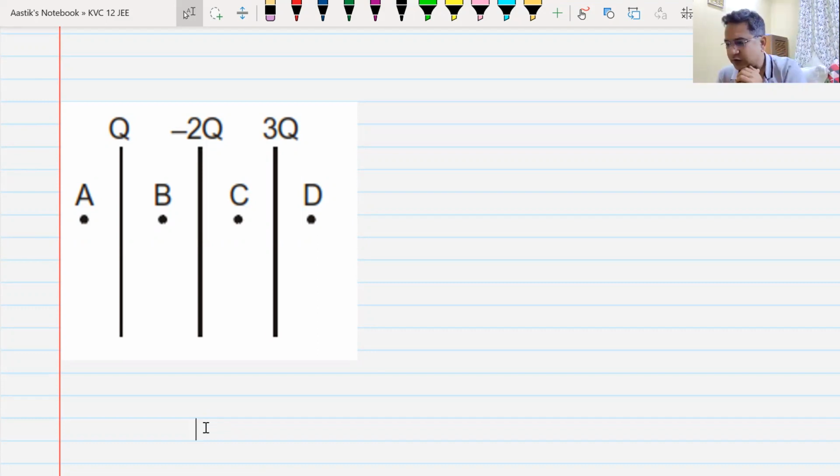It will come very soon again. Then again we will do it, but probably we might do it in a different way. We will just do it understanding something else. The question right here, right now is what is the electric field at the points A, B, C, and D? That is what we are concerned about right now.